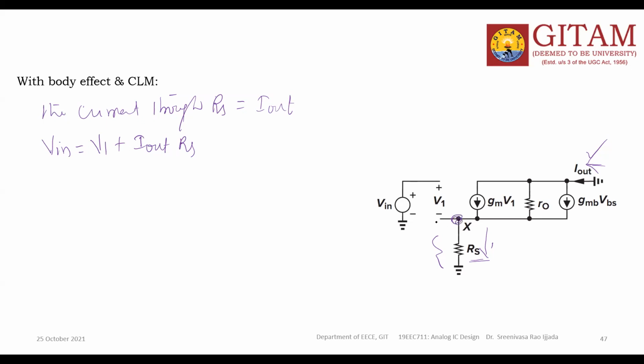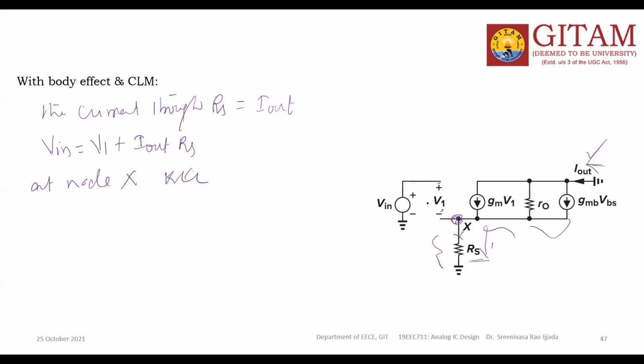At node X, write the KCL expression, Kirchhoff's current law. This current is equal to the sum of these three currents, because this is open circuit, no current.